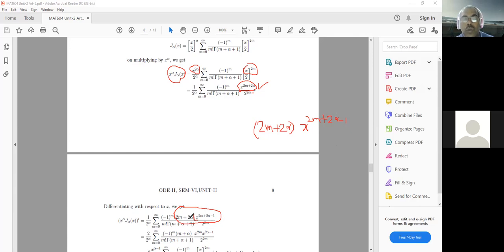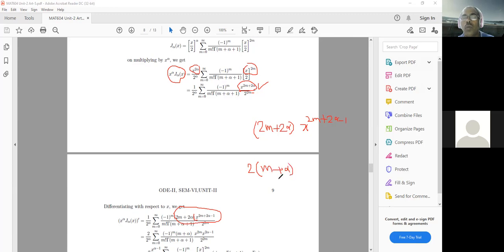So this 2 can be taken outside. Because of these two, terms get separated in this bracket, 2m plus 2 alpha. You can take 2 common from this factor, and we write it as 2 into m plus alpha.